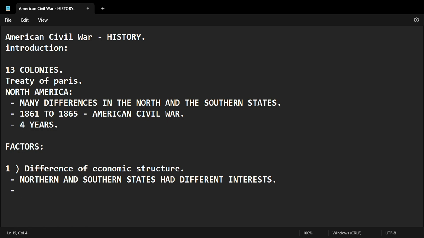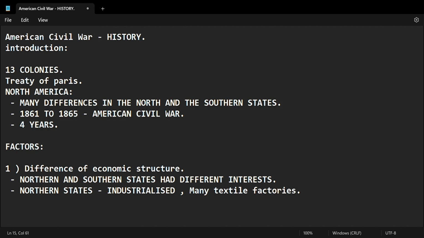Now the northern states were industrialized by many textile factories and manufacturing industries.